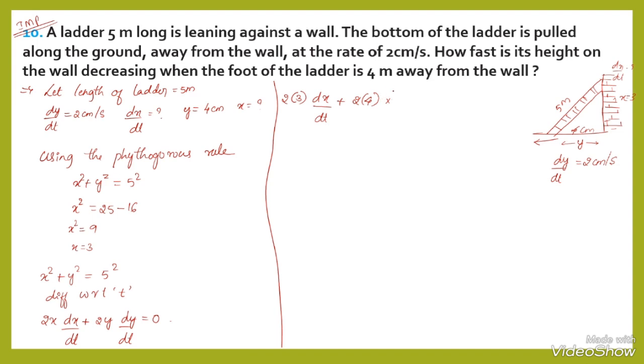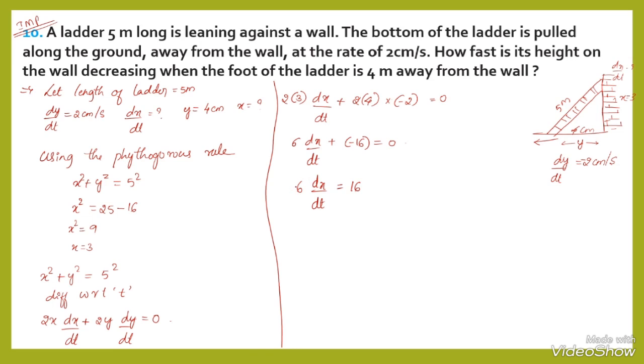Here it is increasing, so I take it as 2. 2 3s are 6 dx by dt plus 2 into 4 is 8, 8 2s are 16, equals to 0. Taking 16 on the right side, it becomes minus 16. Here 6 only.